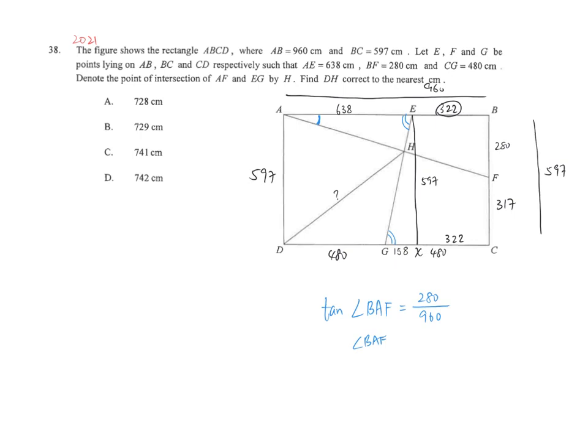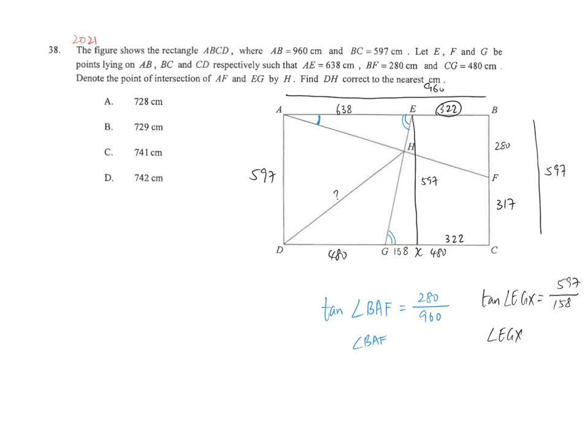Again, if we use the tangent rule, because it's opposite and adjacent side, tangent of angle EGX is opposite 597 divided by 158, which will be equivalent to the other angle on the top. So we will find these two angles first, and I'll use the calculator.